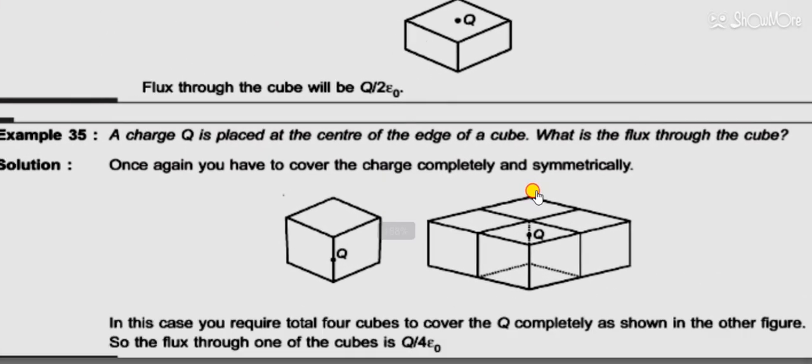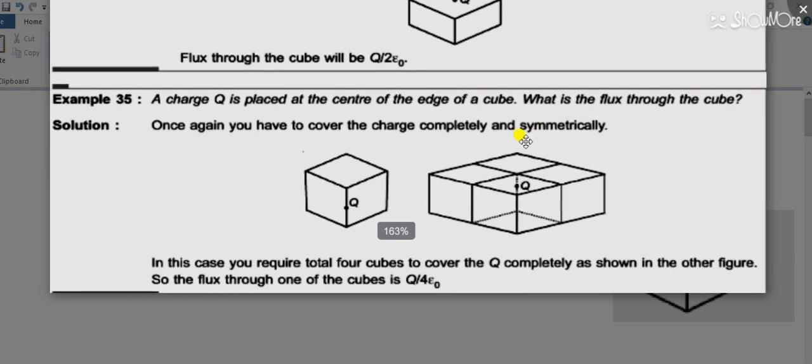In question number 35, you can see the electric charge Q is placed at the center of the edge of the cube. In the earlier question it was placed at the center of a face, and two cubes were required to make the symmetry.